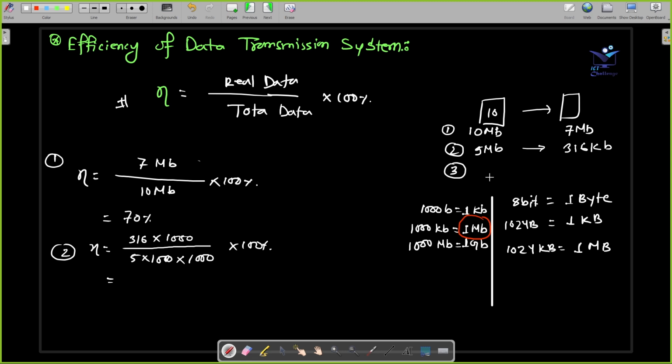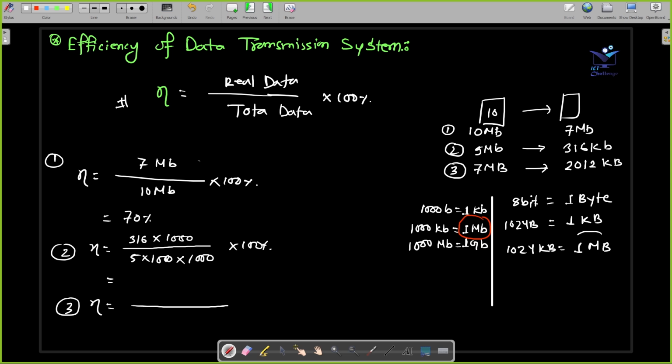Yes, sir. Okay, our third question is, we transferred 7 megabyte of data and we received 2000 kilobyte of data. Now what is the efficiency of this device? So again we have to calculate eta is equal to, our total data is 7 megabytes.